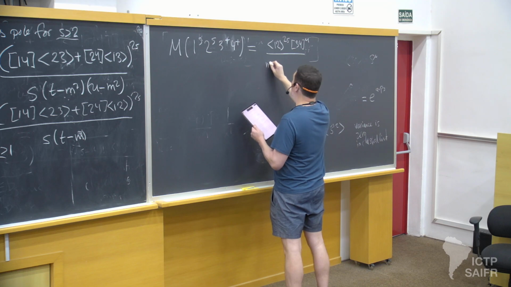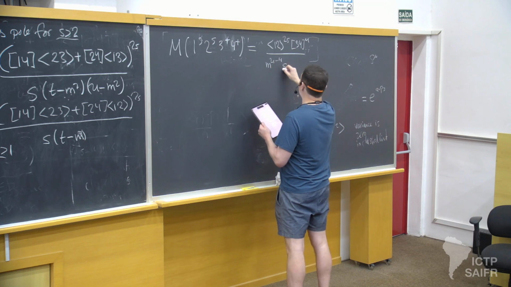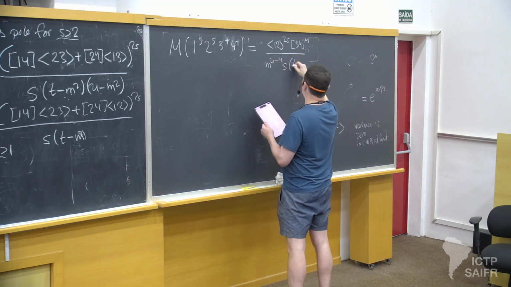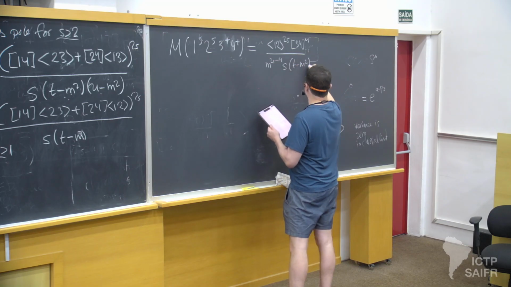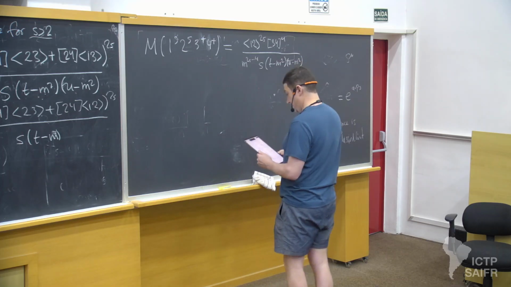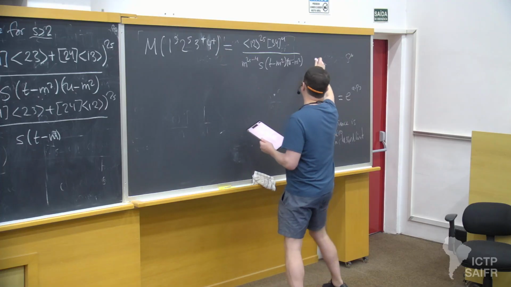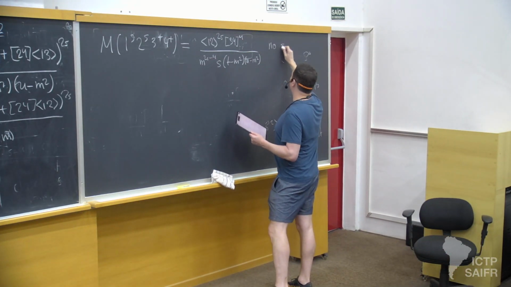M2s minus 4, I think. S, t minus m squared, u minus m squared. Okay. And so this actually has no spurious pole. No spurious pole.